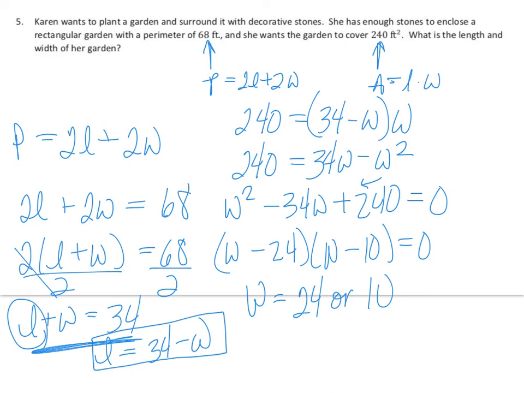Okay? So both solutions are positive. Both can happen. Well, because the length and width are just sort of arbitrary distinctions, the garden's actually measuring 24 by 10, no matter what you assign length and width, right? So either quantity represents one of the values.